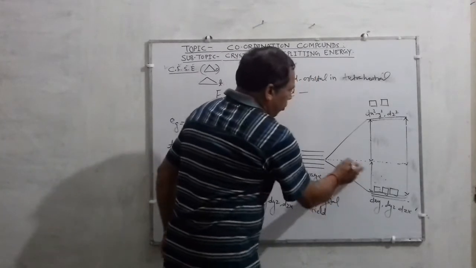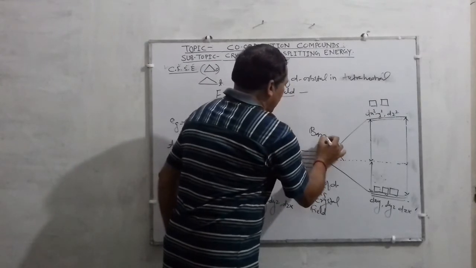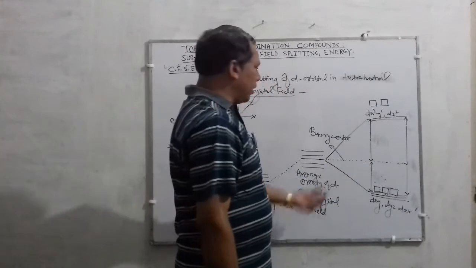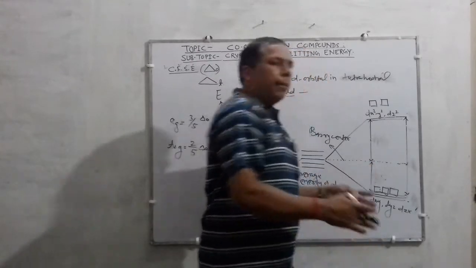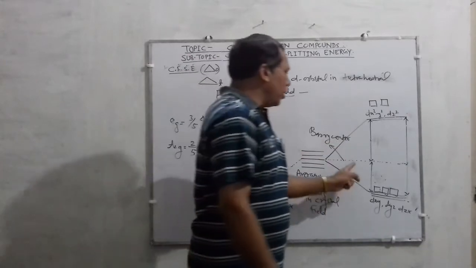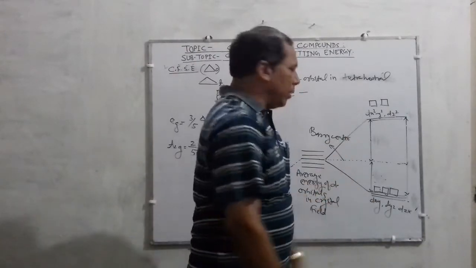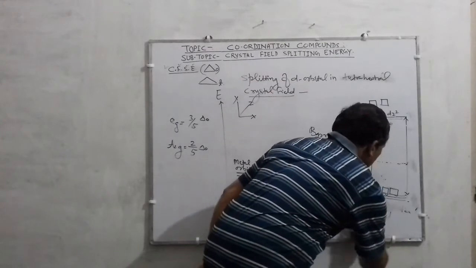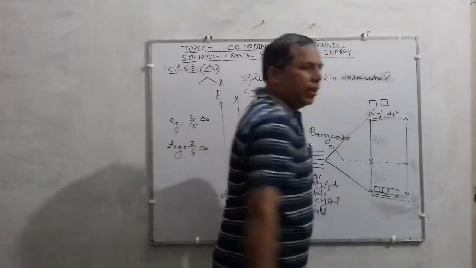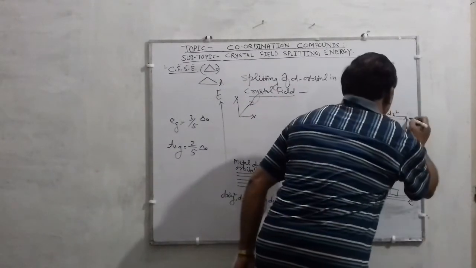This dotted point, children, is known as the barycenter. The barycenter is the point which divides the energy between the sets of d orbitals. So in the tetrahedral case, the sign convention is changed: in place of T2g and Eg, write E and T2.